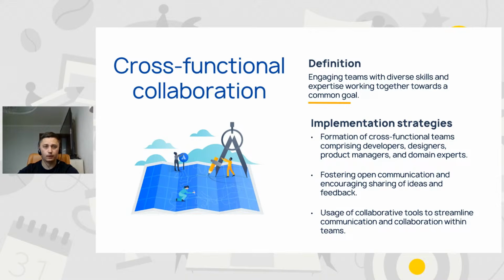So everyone can express their opinions, and the team can discuss some concerns if they arise over time. And also try to use different types of collaborative tools to streamline this communication, so the team can collaborate without any problems and can solve problems on the fly.